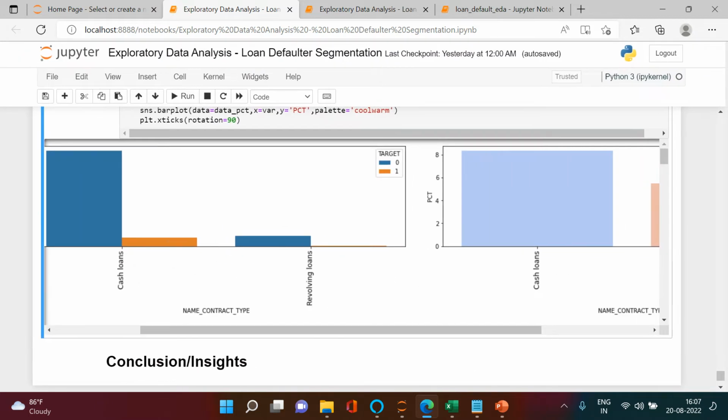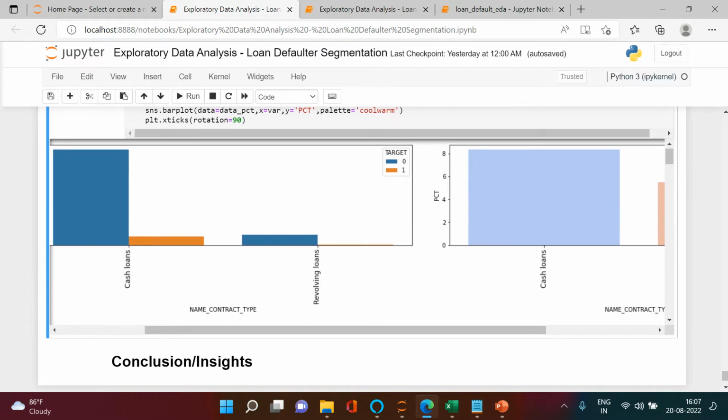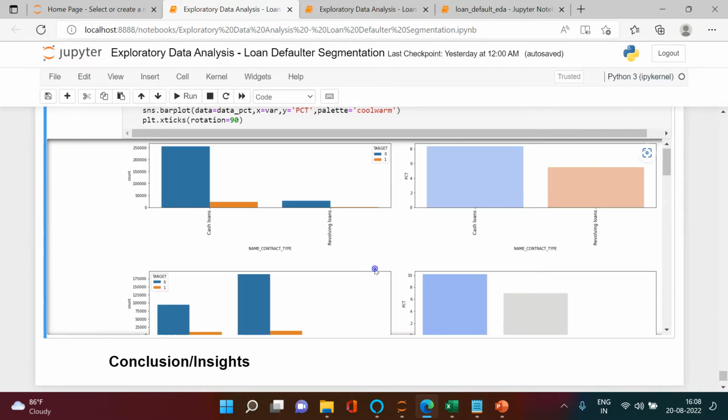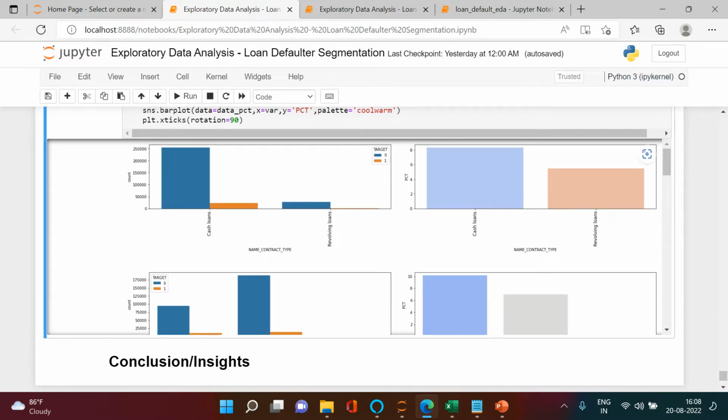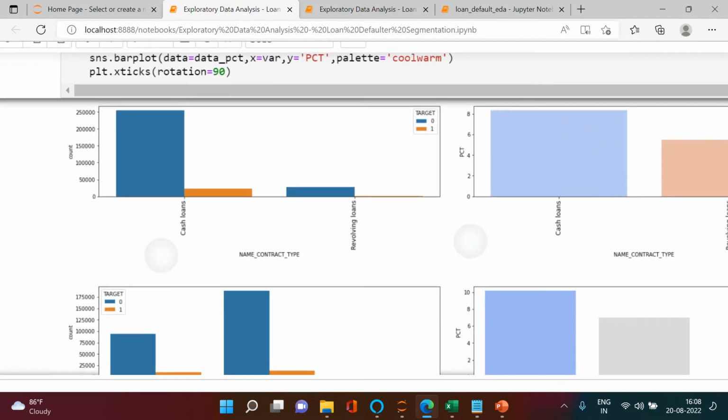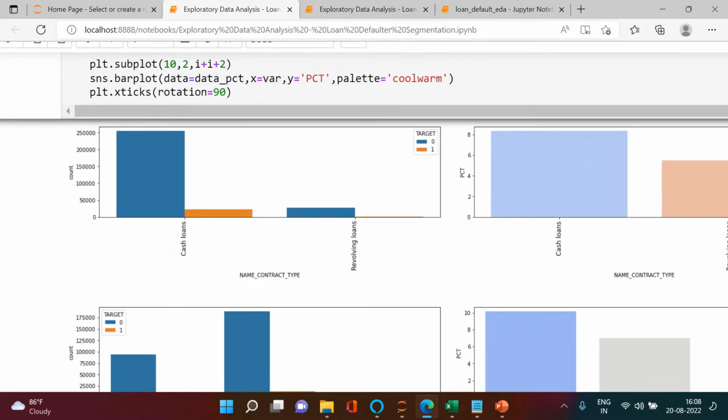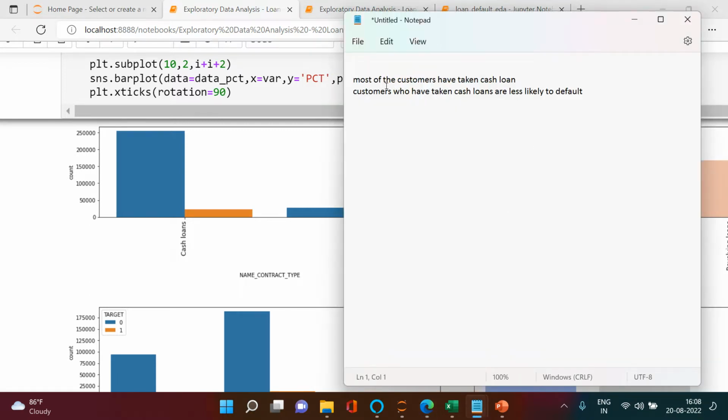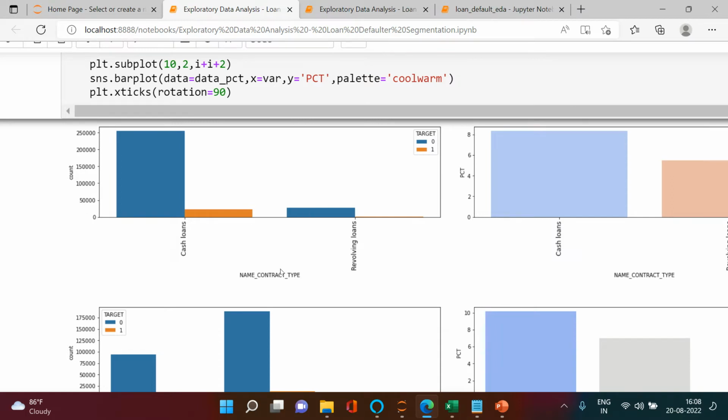What we wrote for this particular variable, name contract type, was cash loans: most of the customers have taken cash loans, and customers who have taken cash loans are less likely to default. That's what we observed for this variable.